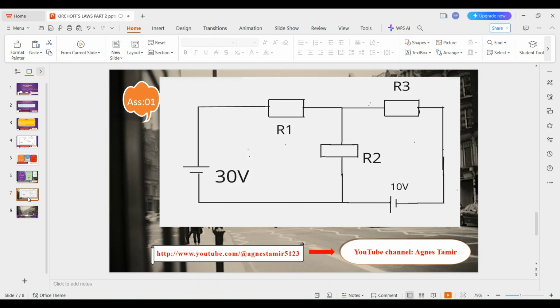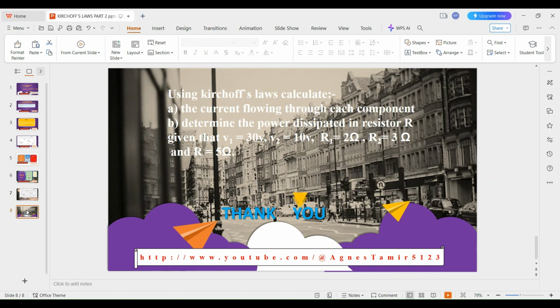Now let's look at this assignment. Remember, in my class, we can never miss an assignment. And therefore, this is an assignment for you. We have this diagram here. We have R1, R2, and R3. And the question says that using Kirchhoff's laws, calculate part A, the current flowing through each component.